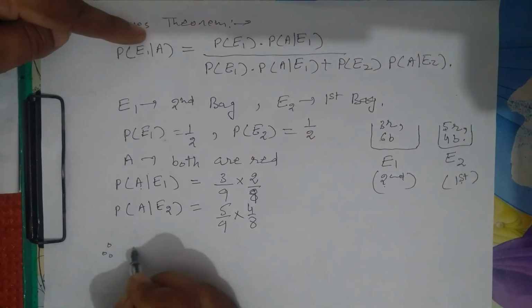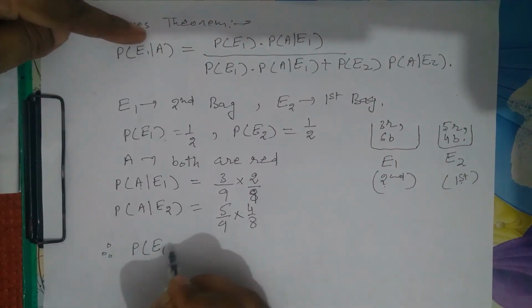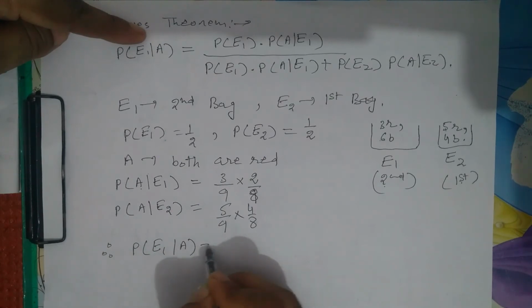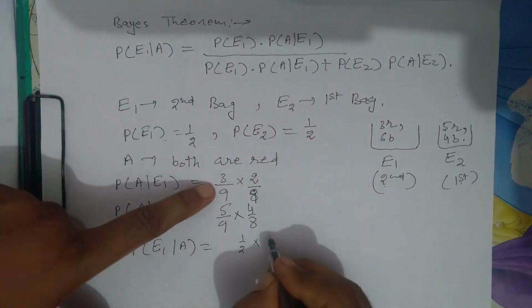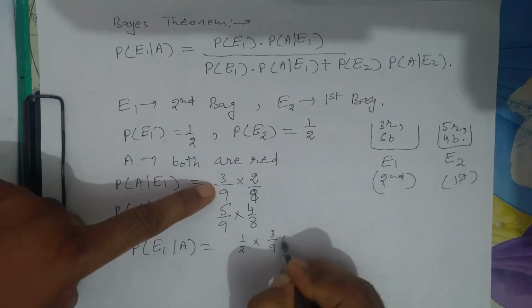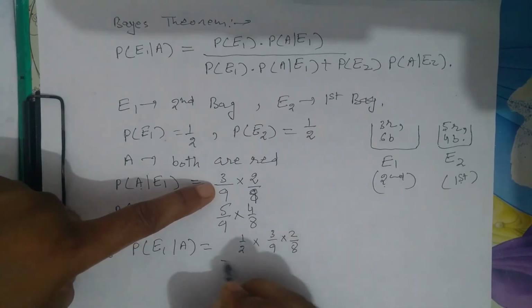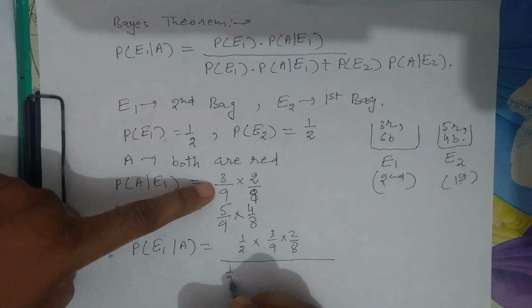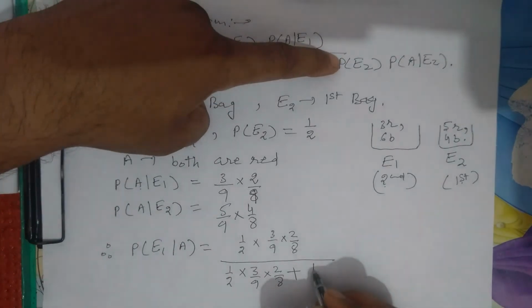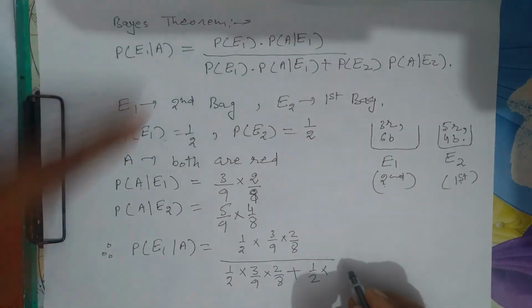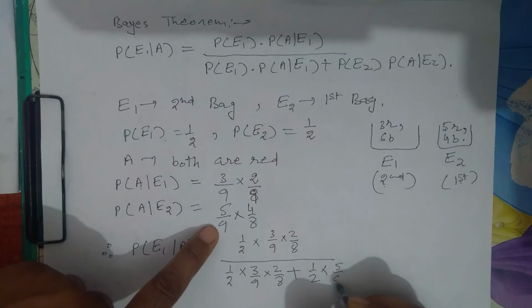So probability of E1 given A has already occurred equals 1 by 2 into A given E1, which is 3 by 9 into 2 by 8. The same is written in the denominator, 1 by 2, 3 by 9, 2 by 8, plus sign, E2 is 1 by 2 into A given E2, which is 5 by 9 into 4 by 8.